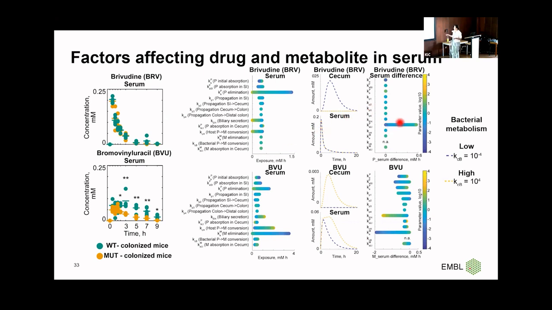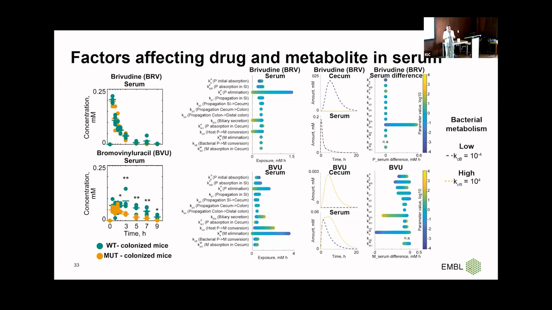And not surprisingly, the bottleneck in this tornado plot is drug absorption from the large intestine, because small intestine and large intestine have different properties, and different molecules can be prone to be absorbed in different tissues.